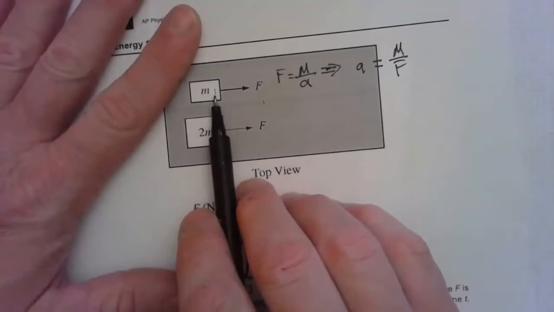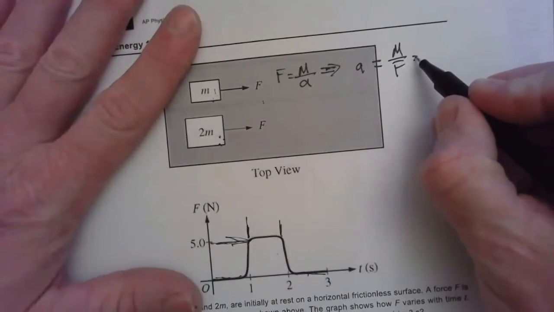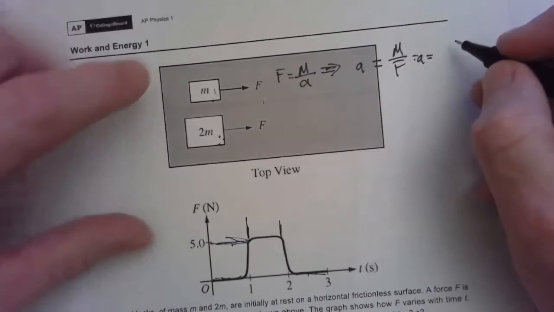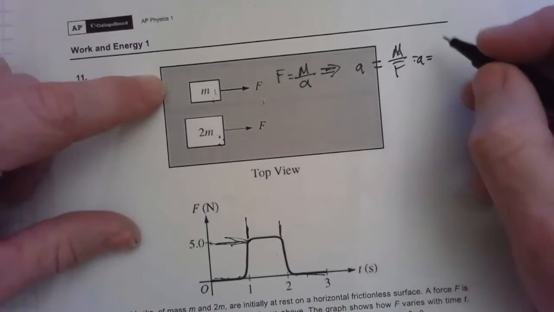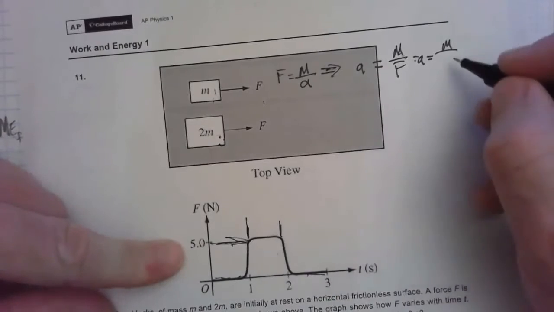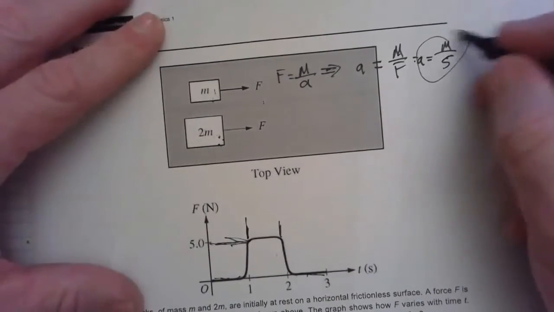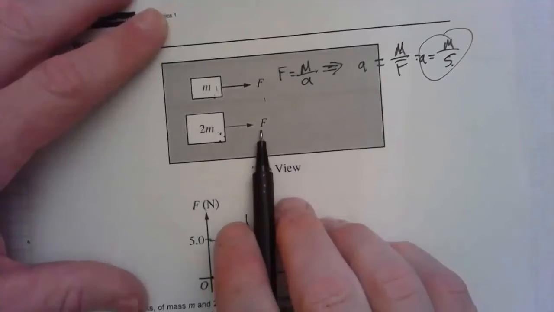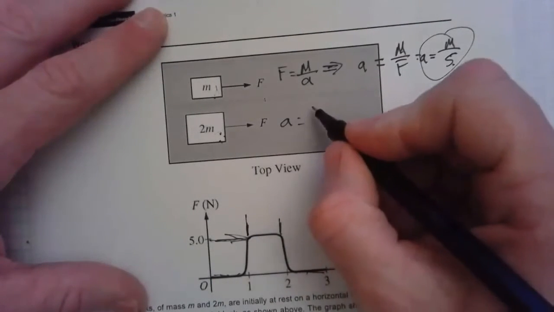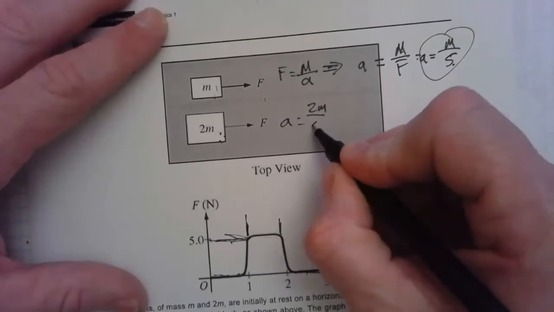So the acceleration on this one is mass m divided by the force, 5 newtons from the graph. Great, there's your acceleration. And for this one, its acceleration is going to be its mass, 2m, also divided by 5.